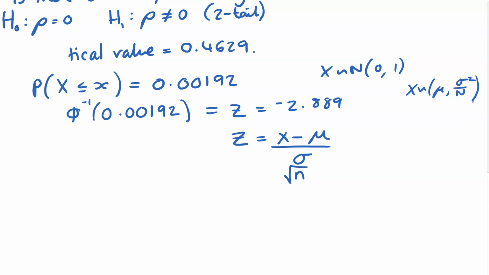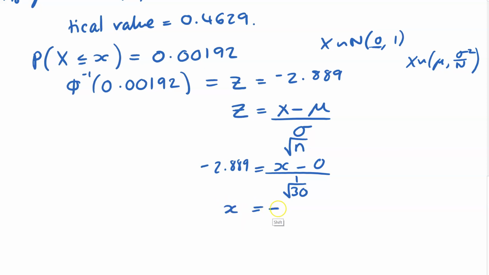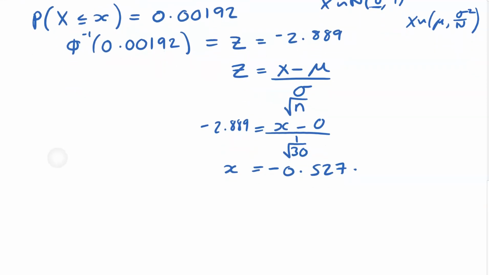That's the distribution you're actually following. With that, we know negative 2.889 is something minus my assumption, which is 0, over 1 over root 30. Anyway, however you rearrange that, you end up with x being 0.527. Yep, that matches my notes. I was just double checking.